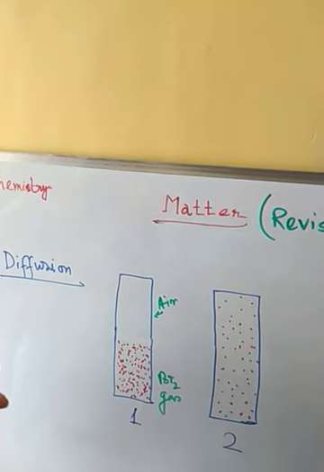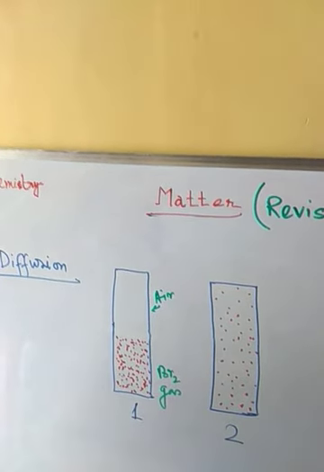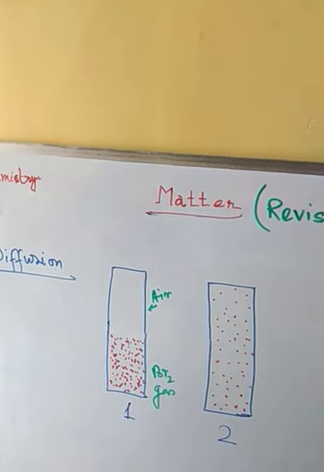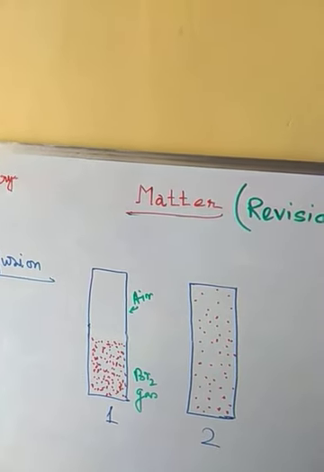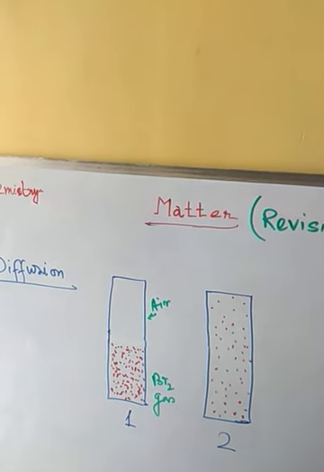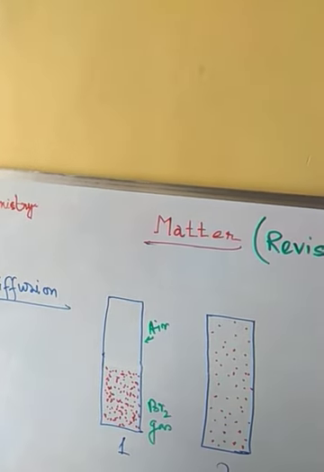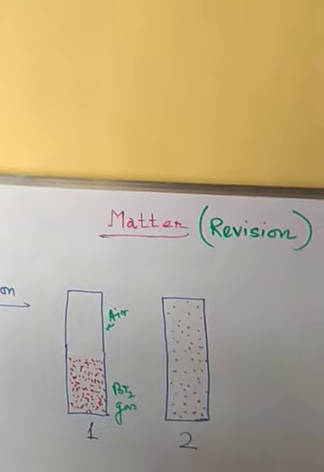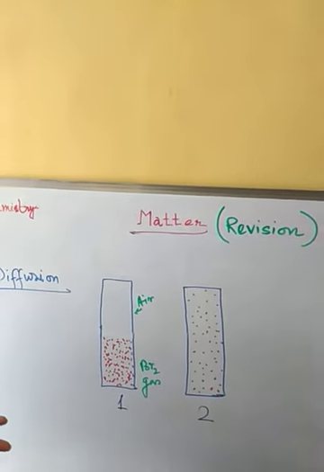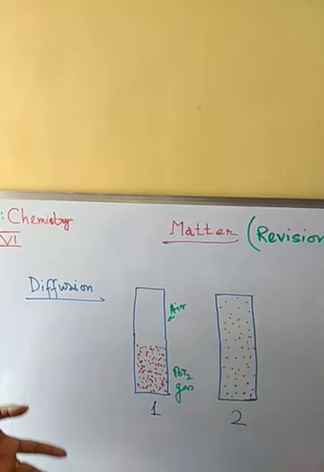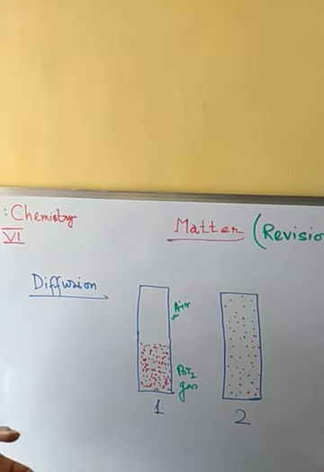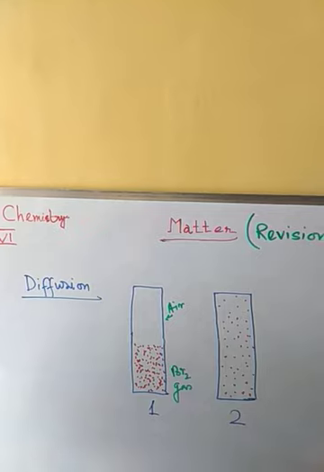When we are burning the incense stick, the particles of the incense stick come out as gases. We can see the smoke. With the smoke, the particles of the incense stick will come out and get mixed with the air, and through the air it will spread all over in the room and also outside of the room. So this is another example of diffusion.